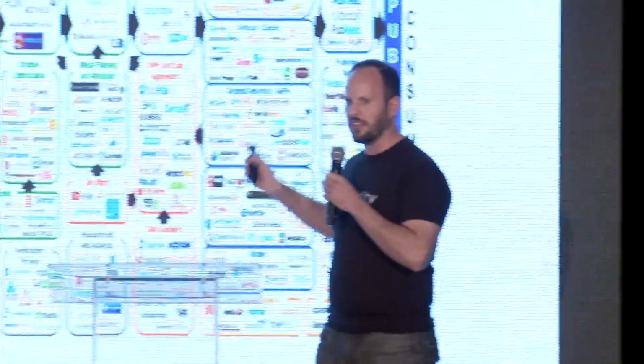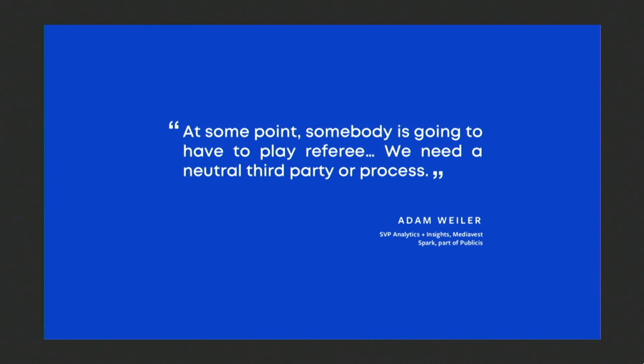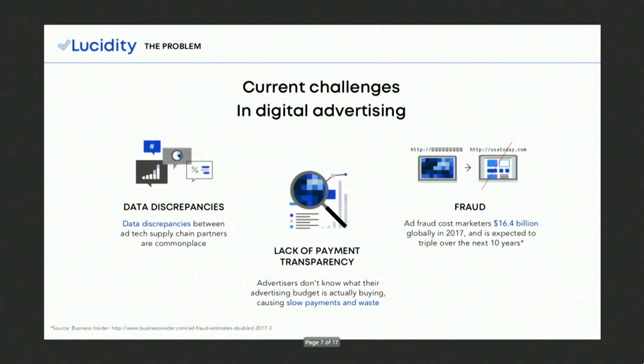If you were a Coca-Cola, you had to understand what each of these companies did in order to reach your target consumers. Chaos isn't good. And when you have chaos, what do you need to do to bring order into the ecosystem? You need a referee, a neutral third party to bring order. And that's what we are doing.